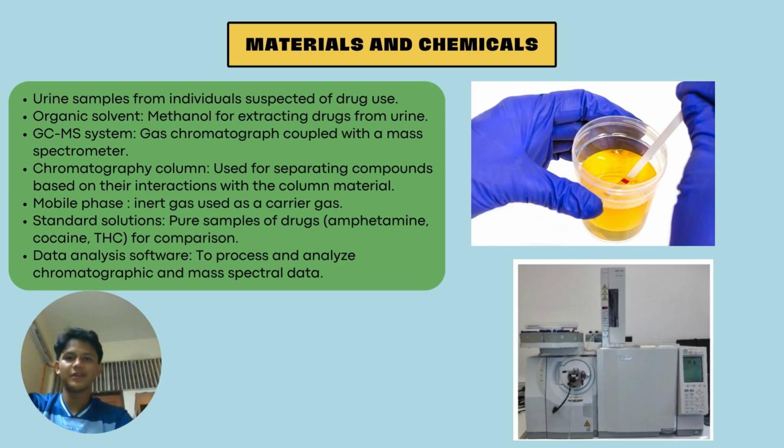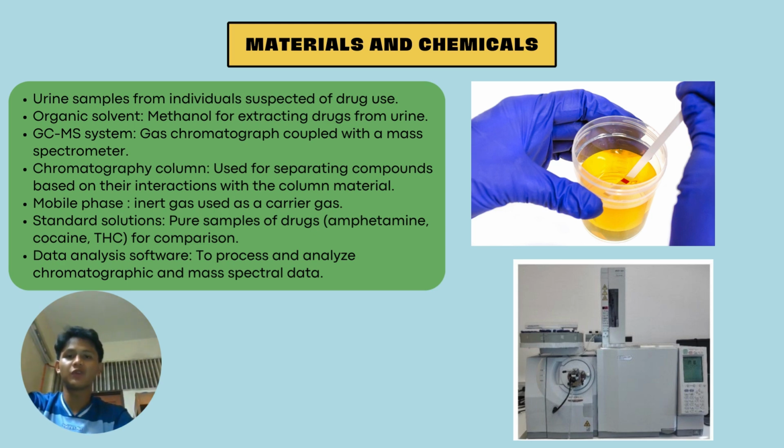So let's move on to the materials and chemicals used in the identification of urine tests. Urine samples from individuals suspected of drug use. An organic solvent needed in this identification of urine test is methanol for extracting drugs from urine. GCMS system is gas chromatography coupled with a mass spectrometer.